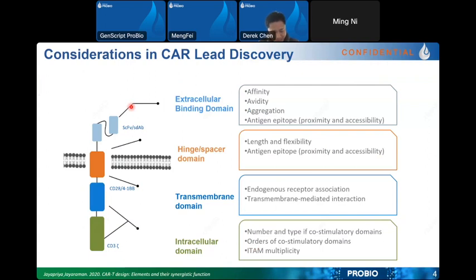Those antibody key features like the affinities, avidities, aggregations, epitope locations play a crucial role in CAR T cell specificities and the potencies. The spacer domain provides flexibility to the extracellular binding domain and leads to further impact on the efficacies and toxicities.